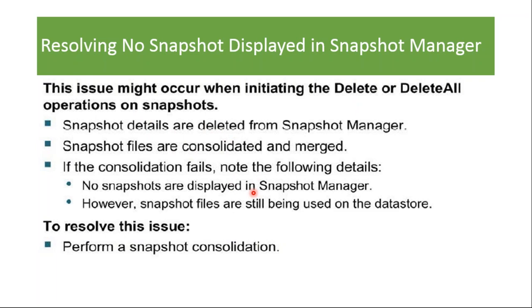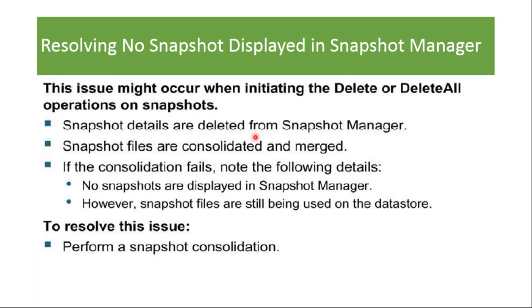When you right click on the virtual machine Snapshot Manager, you can see the delete or delete all options. Those operations might not be initiated appropriately. That is the reason you are not able to see the snapshot information in the Snapshot Manager.